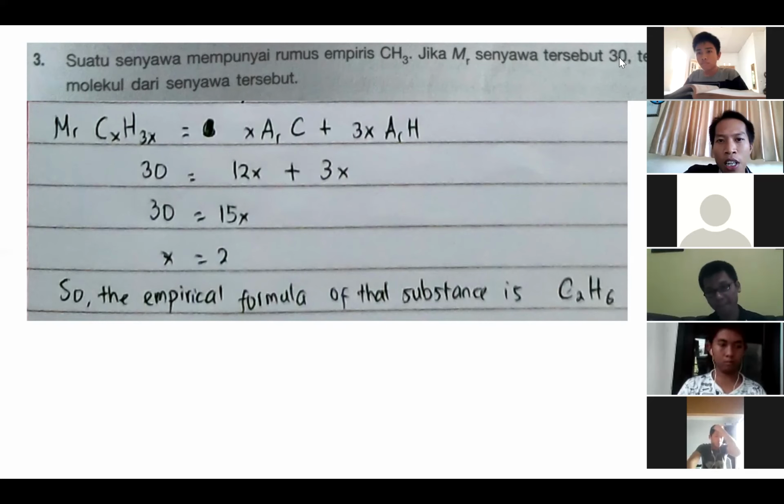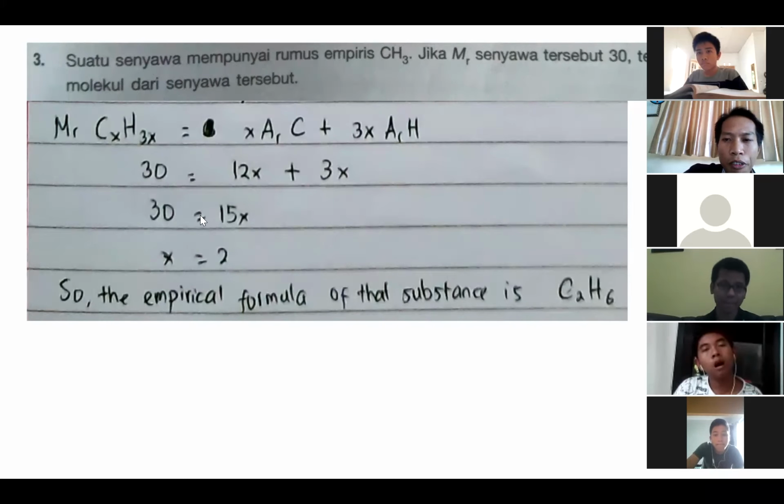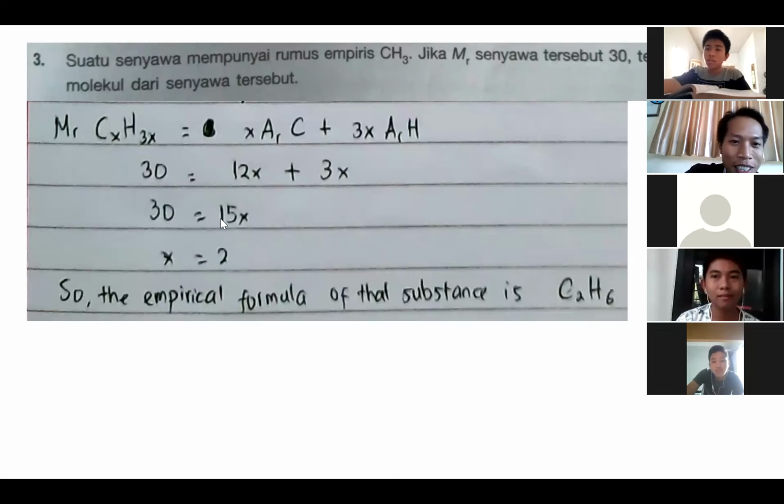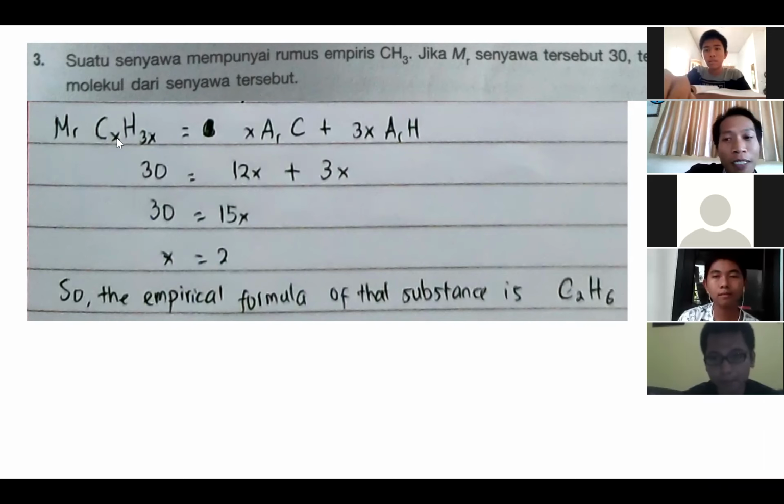So if I change this one, for example, to 90, then it will be 90 here. 90 equals 15x. What will be the x? Anyone can answer? You can open your mic. If it is 90 here? Six. Yes, if it is 90 here, then x will be 6. So what will be the formula?